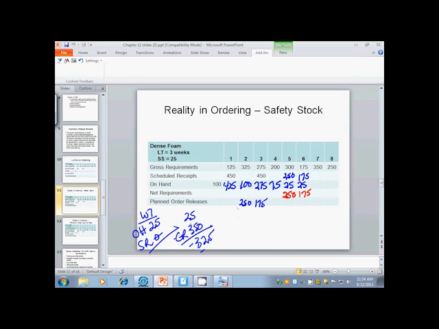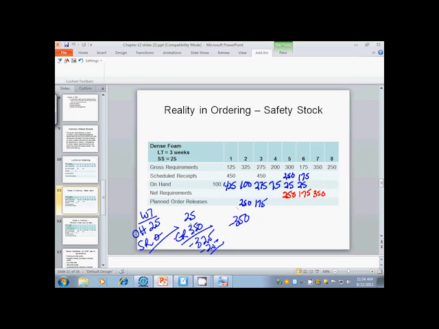So I need to subtract out 25 more units. So I'm actually short 350 units. What does that signify? It's a need or a net requirement of 350 units. If I'm going to need in week 7 350 units, I need to plan to order them in advance.